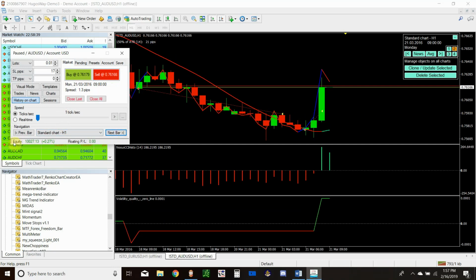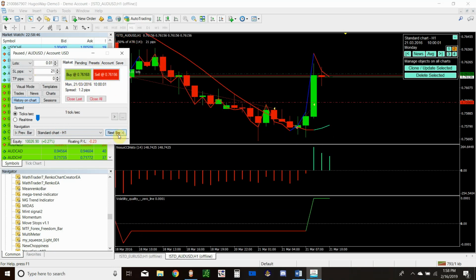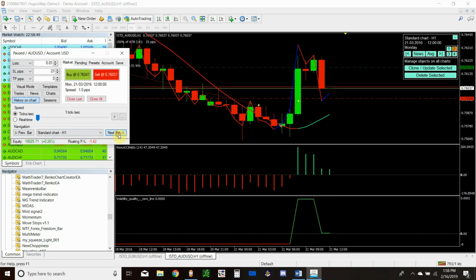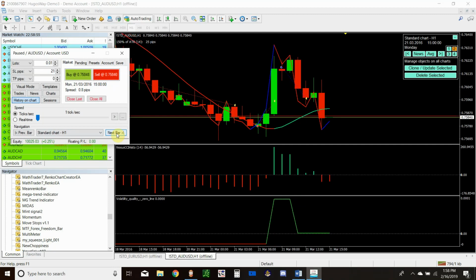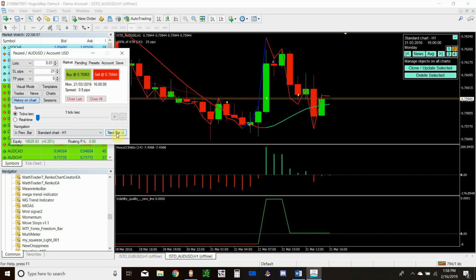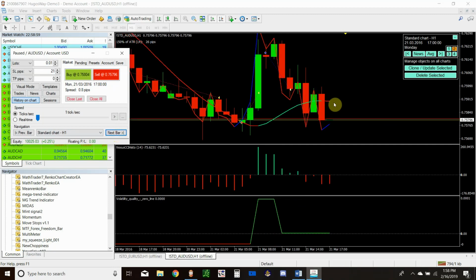But we have a buy signal here, so let's go ahead and buy, 21 pips. And we got stopped out. Okay, so we've got a sell signal here with everything but the VQ line.